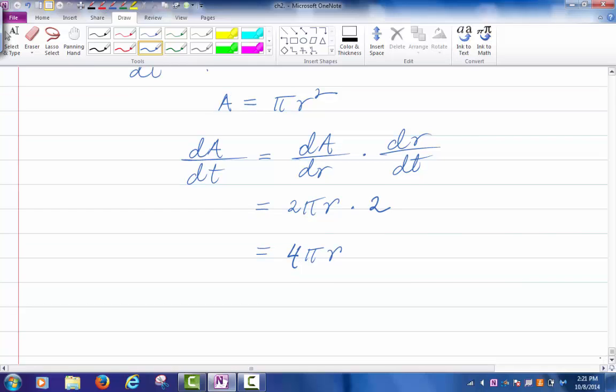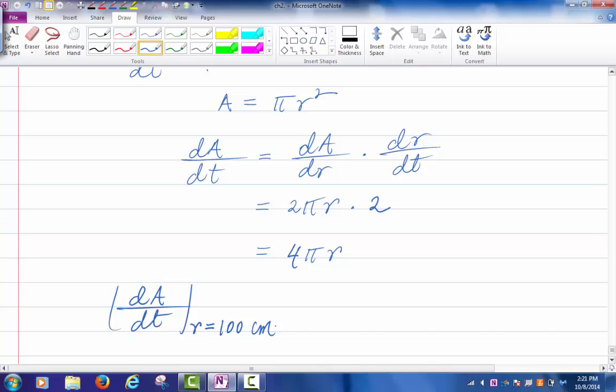So now the question is, what's the rate of change of A with respect to time? What's the rate of A with respect to time at the moment when r becomes, let's say, 100 centimeters?